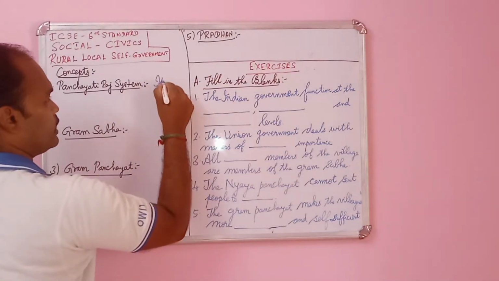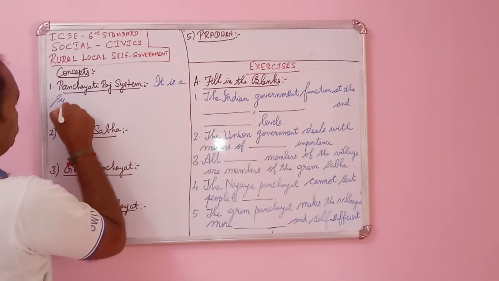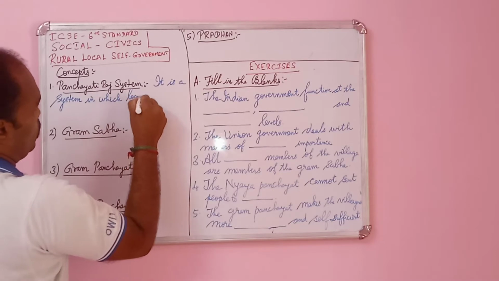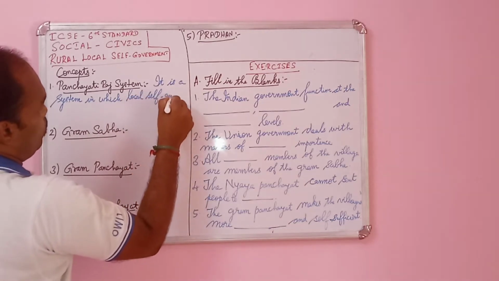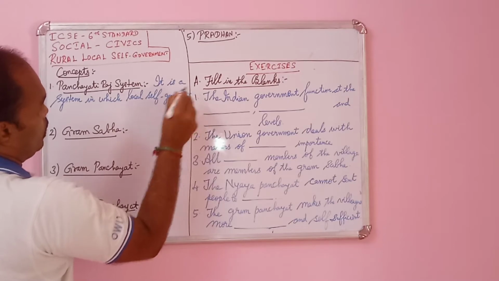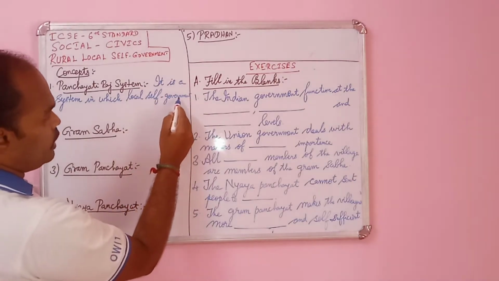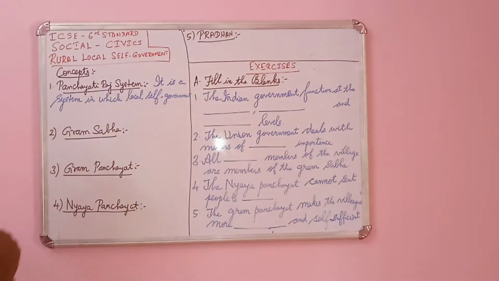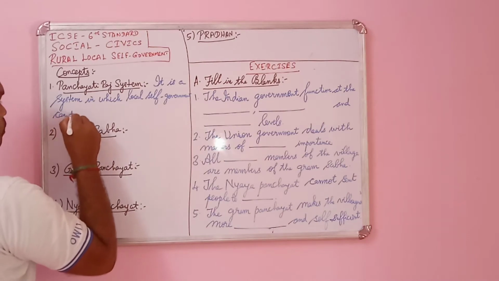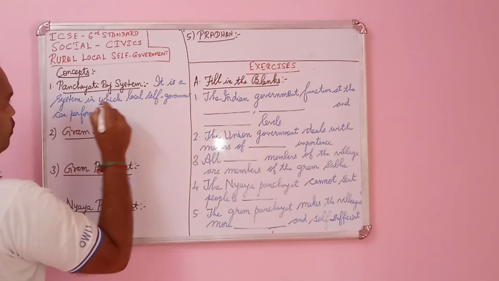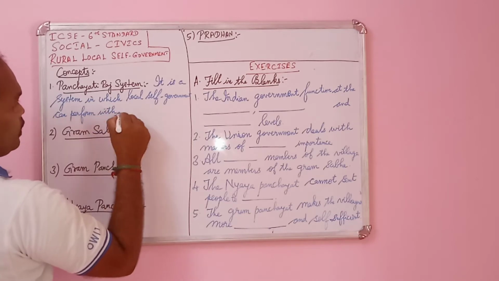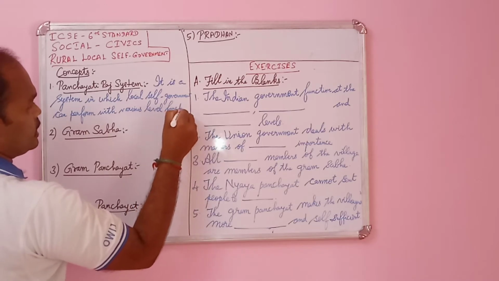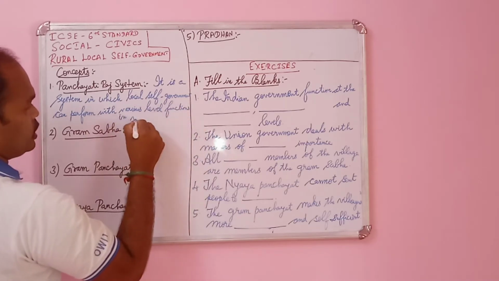In one line we can write: it is a system in which local self-government, G-O-V-E-R-N-M-E-N-T, can perform with various level functions in the village.